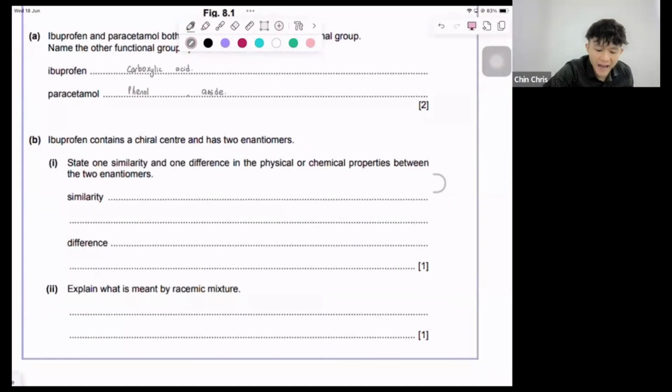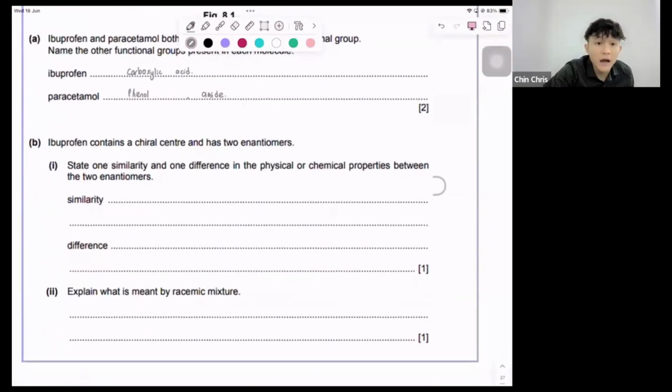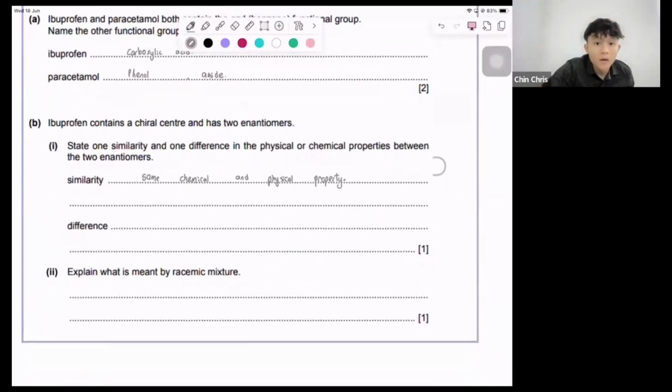The similarity and difference in the physical or chemical property between the optical isomers. Let's go. Similarity. What's the similarity, peeps? The similarity is they have the same chemical property, right?